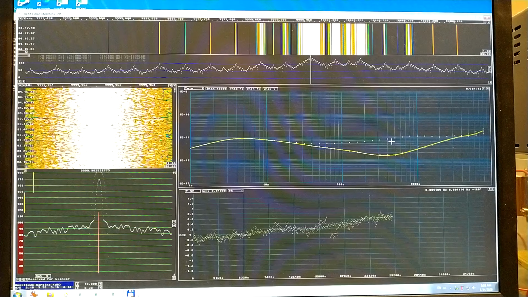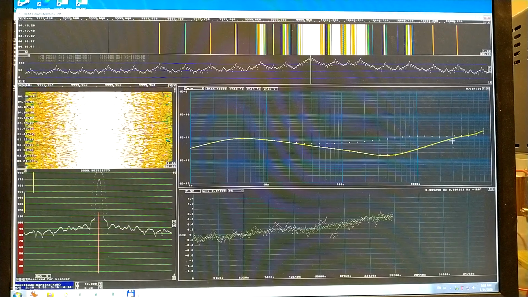The red is my own channel 2 oscillator, which is almost a factor 10 worse at 500 seconds. And you can see at 4,000 seconds, the red and the green are the same. That is because the channel 2 oscillator is phase locked to the Wenzel oscillator.